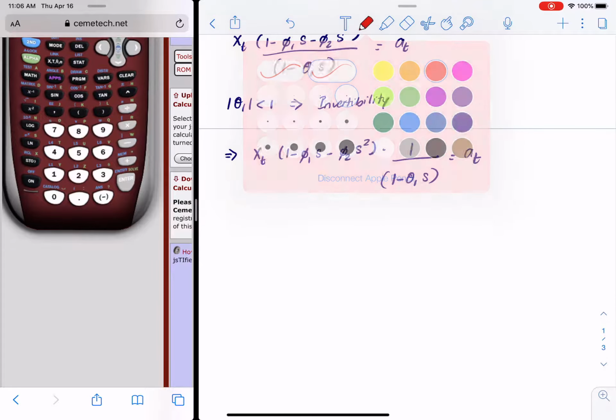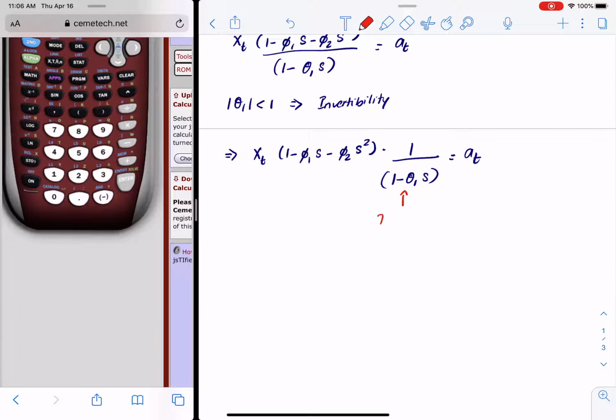And as we've seen before, that would be the infinite sum of a geometric series.